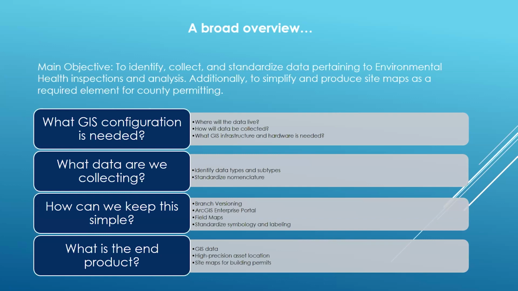It works directly with Enterprise Portal. So you create your branch versioned database, and we decided to create a separate database for this, of course, just to keep things separate between our traditionally versioned SDE data and this new data set.